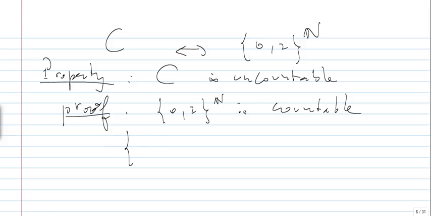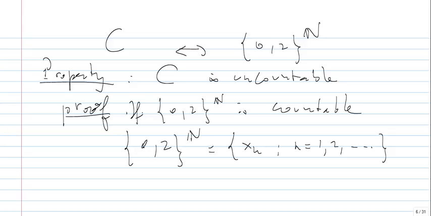Assume that 0, 2 to the power n is equal to xn for n equals 1, 2, etc. So, because you are assuming that it is countable, so if we have to assume that if the set is countable, then we have this. And your xn's are just sequence of zeros and twos, okay?